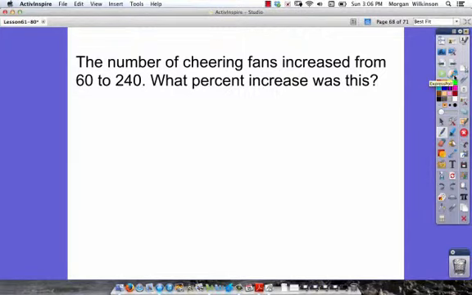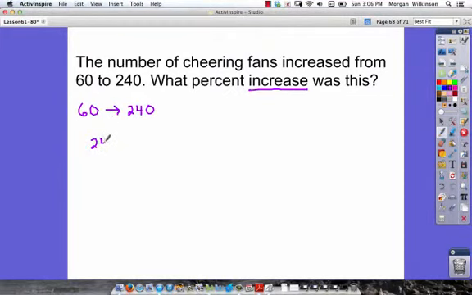The number of cheering fans increased from 60 to 240. What percent increase was this? So since we want to know what percent increase this was, we have to know how much the numbers increased. Went from 60 to 240. So how many fans were added to 60 to get to 240?